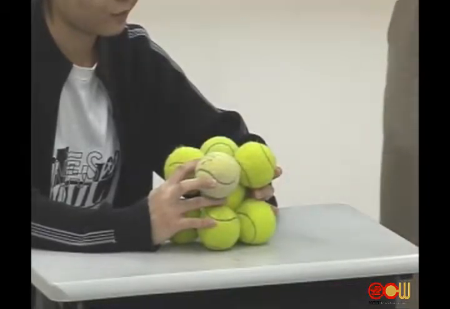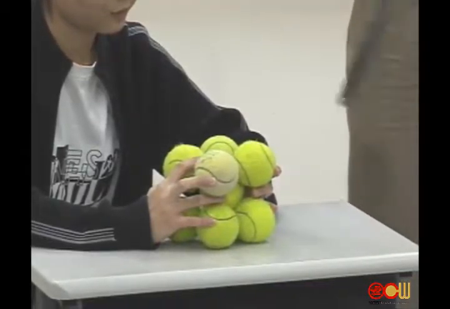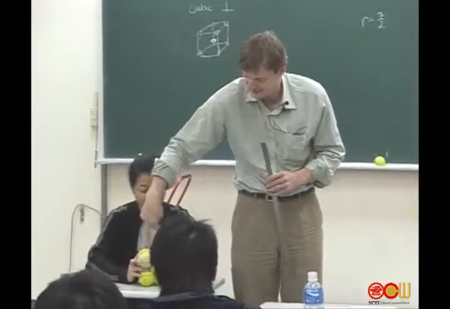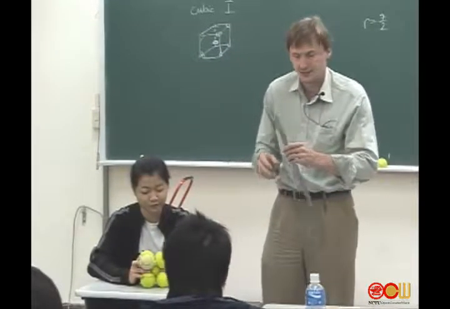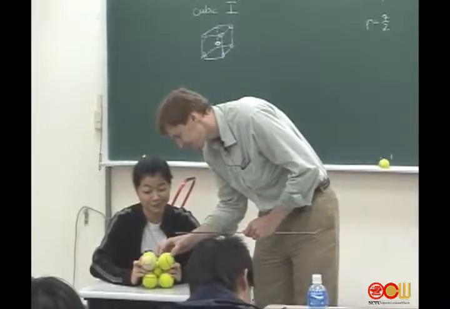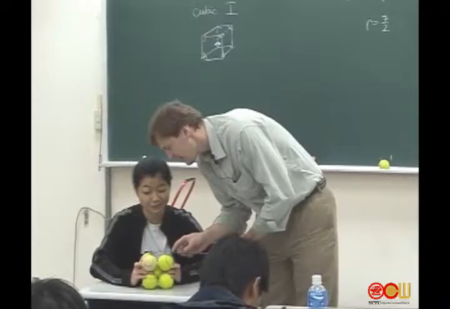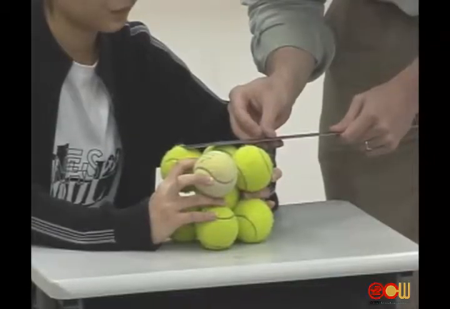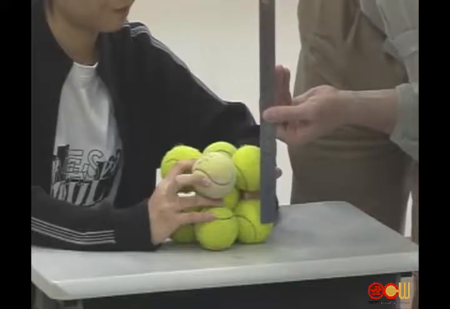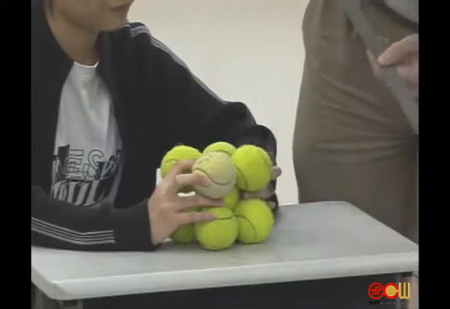Okay, now we have to play. I know 2 hands are not very enough for this, but this distance and this distance must be the same. Let me check. Now it is 8.5 centimeters. Well, kind of good.